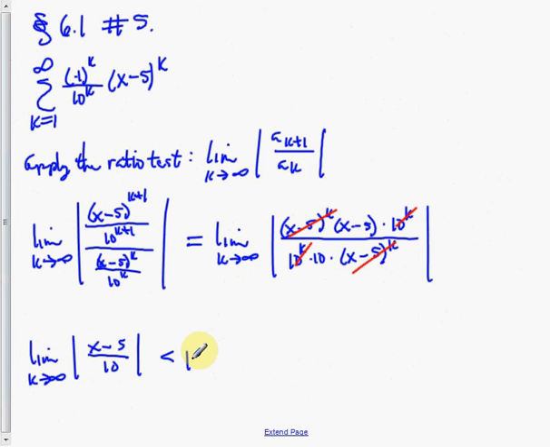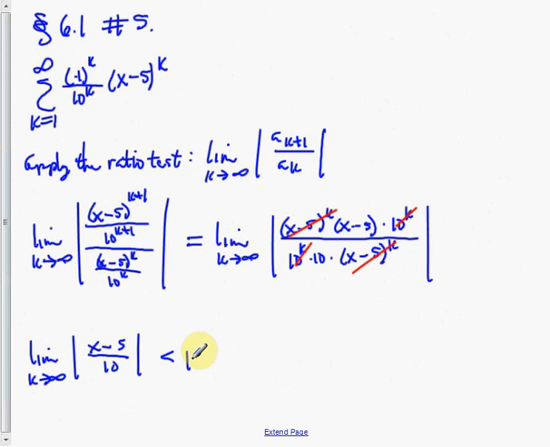You can do that because this is the limit as k goes to infinity, and there's no k factors here. So basically this absolute value is a constant with respect to k, and the limit of a constant is the constant. So all I have left is the absolute value of x minus 5 divided by 10 is less than 1.